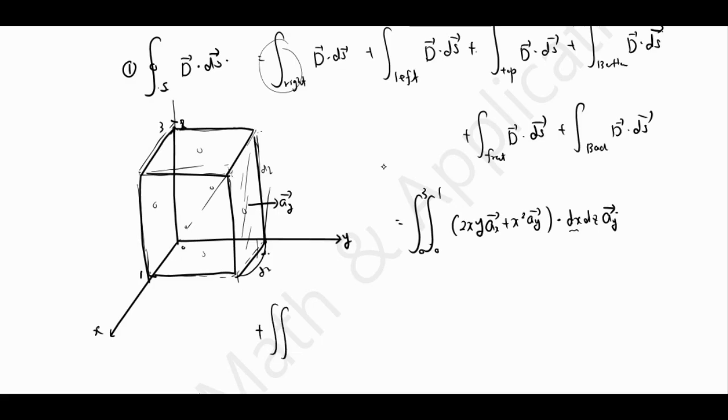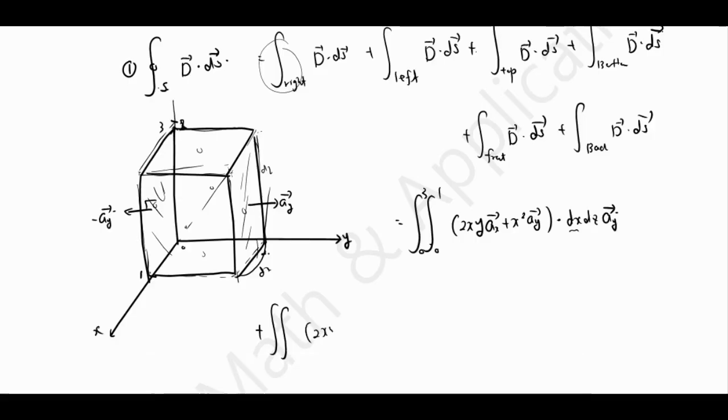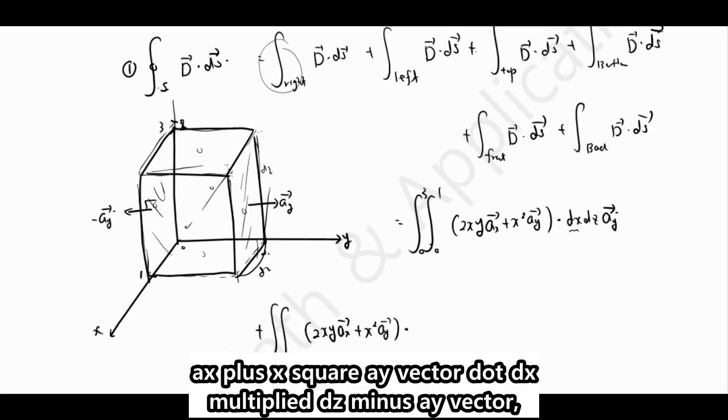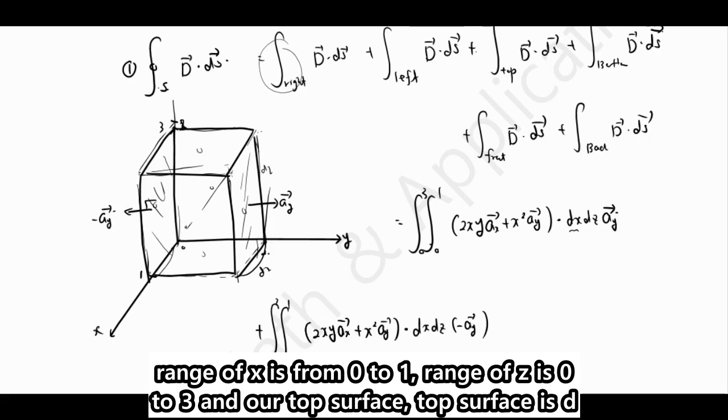And how about the left surface? For the left surface, the direction is minus ay direction. So 2xy ax plus x squared ay vector dot dx dz minus ay vector. Range of x is from 0 to 1. Range of z is 0 to 3.